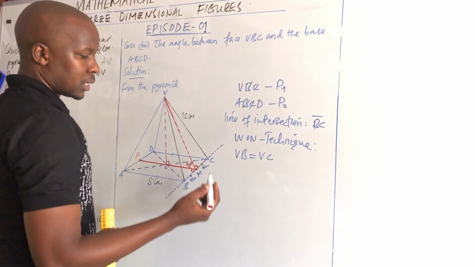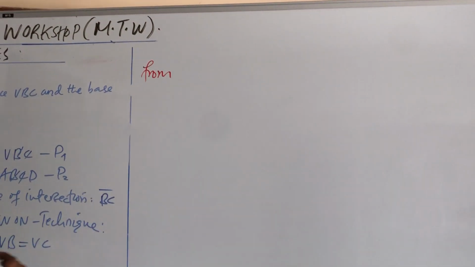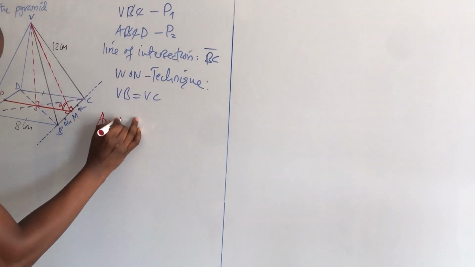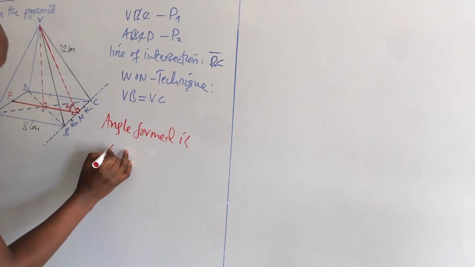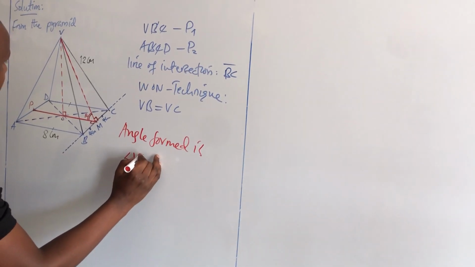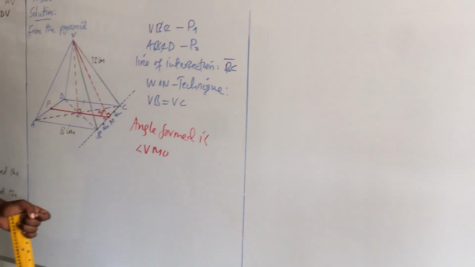Now, proceeding, from the triangle, the angle formed is angle VMO. That is angle VMO.